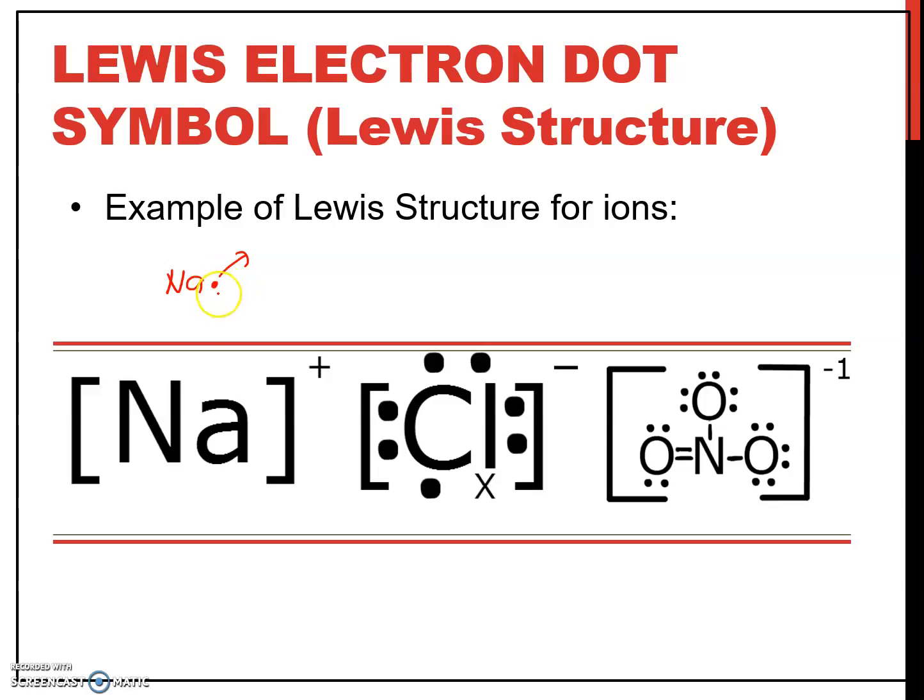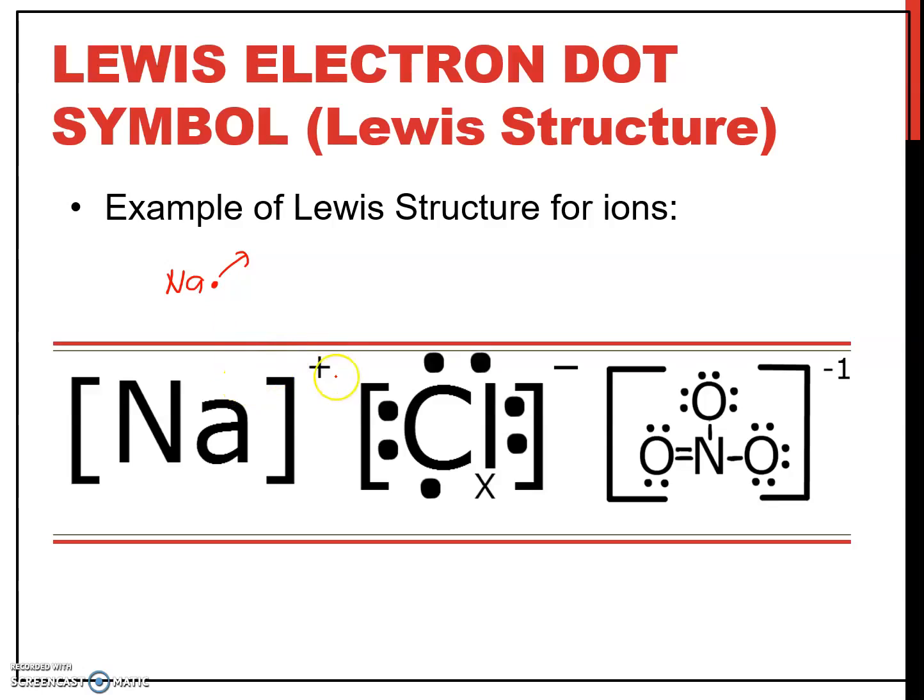No electron anymore. So for an ion, you must draw a bracket. Now the sodium atom becomes a sodium ion. For the charge, it has +1, since 1 electron was removed.